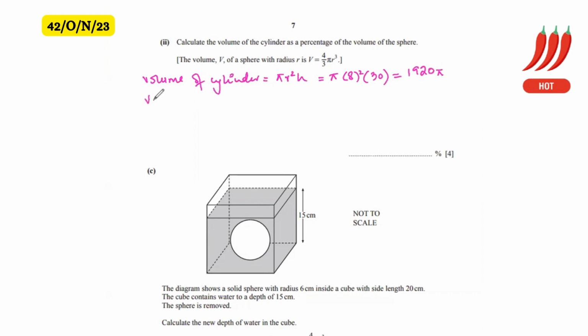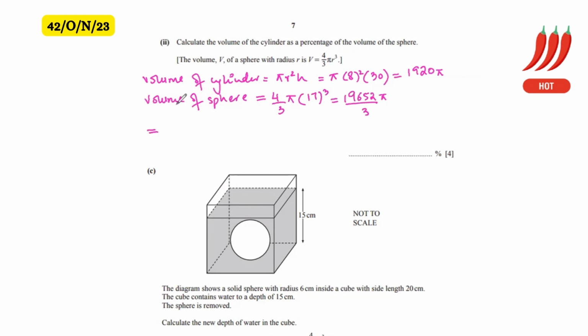Then for the volume of the sphere, we do 4 over 3 pi, r was 17 cube. So that's going to be 17 cube times 4, 19,652 over 3 pi.